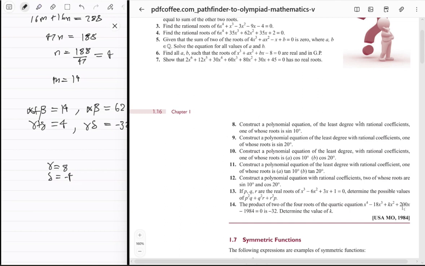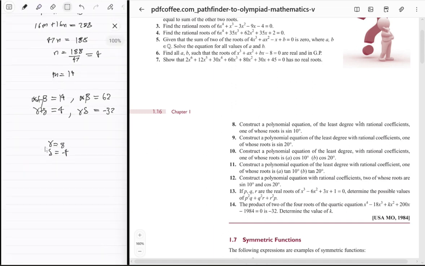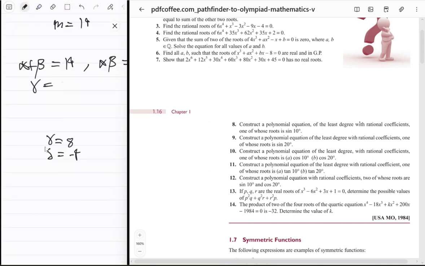So just check till 7. 6, no. 5, no. 3, 2, nothing works. So it's a prime number. Oh, that's bad. So you don't know what alpha beta is, but at least you know what gamma and delta are. So that's good. Gamma is 8 and delta is negative 4.